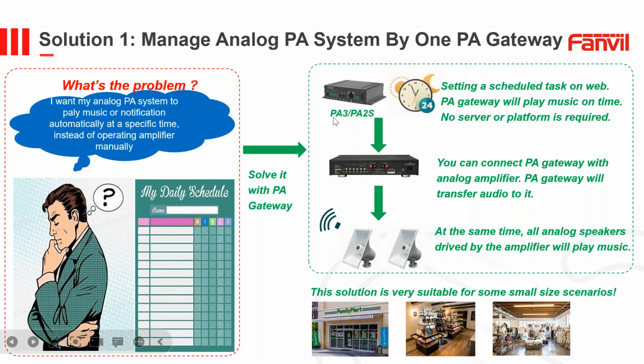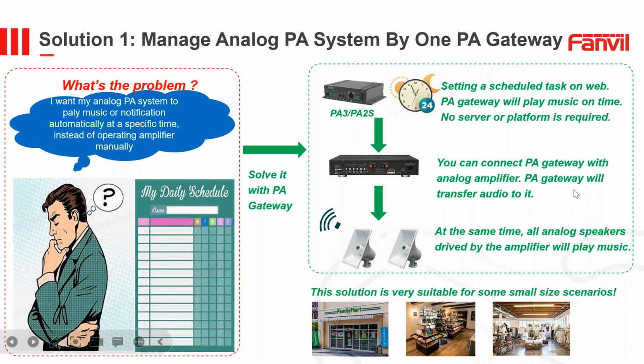You can use our PA3 or PA2S to set a scheduled task on the web, and you don't need to register it with a server or platform. The public address gateway will play music on time.